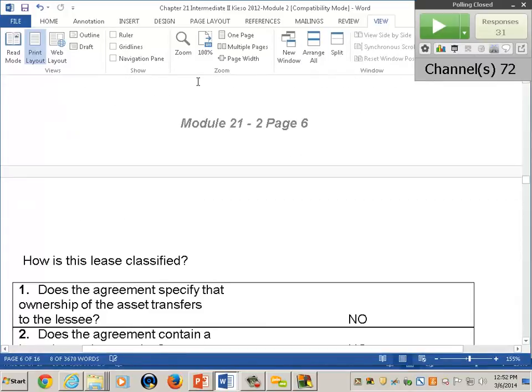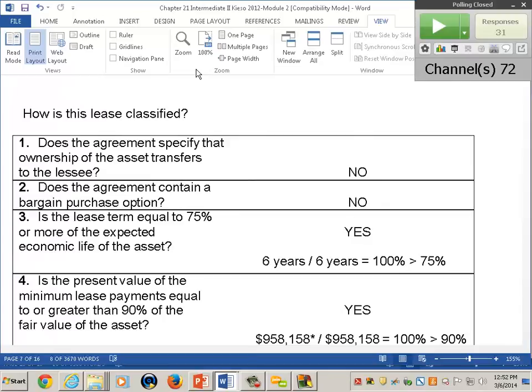So in this case, if you go to page 7, again, there's no transfer of ownership, no bargain purchase option. So now that the lease is 6 years, we know that's 100% of the fair value, and that's going to be a capital lease. I also would probably ask you to test all 4 conditions just to make sure you know how to do them.